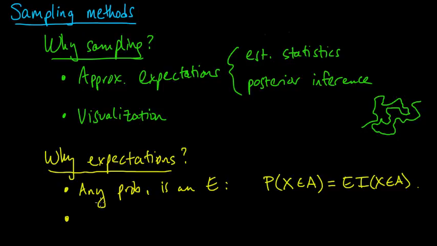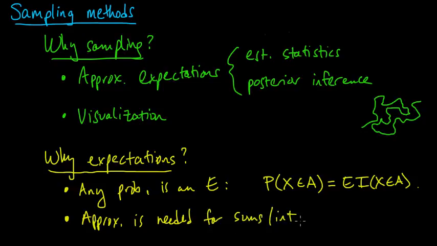And a little more generally, typically the things which are hard to compute turn out to be sums or integrals. It's not always the case, but a very, very large number of times, things which are hard to compute, so approximation is needed, are sums or integrals.